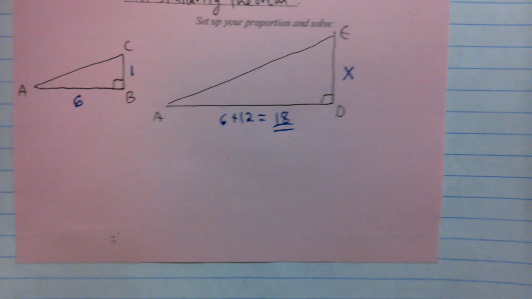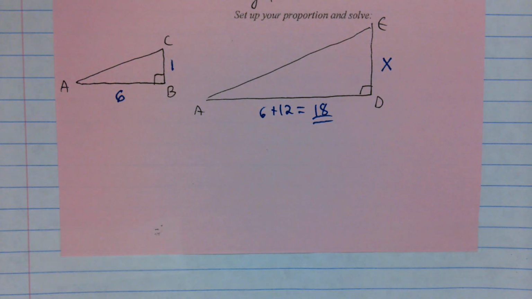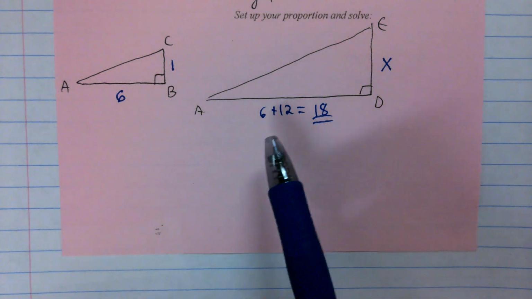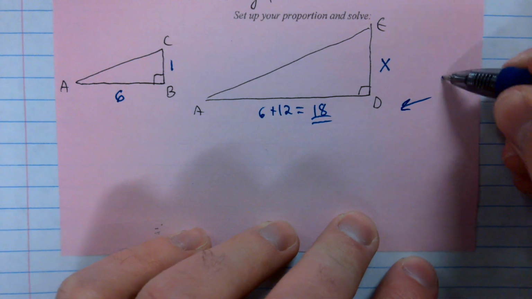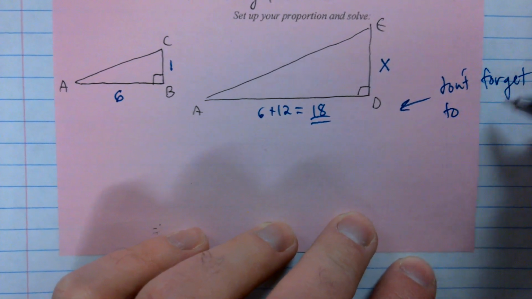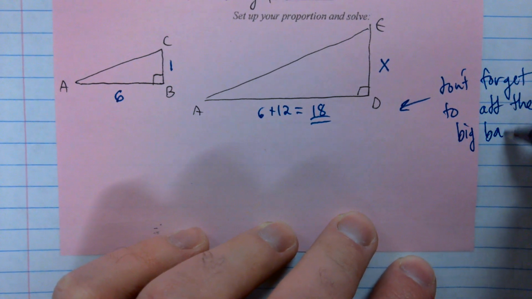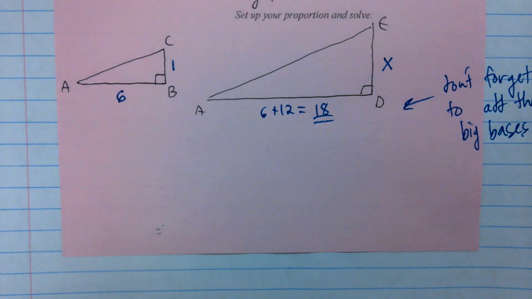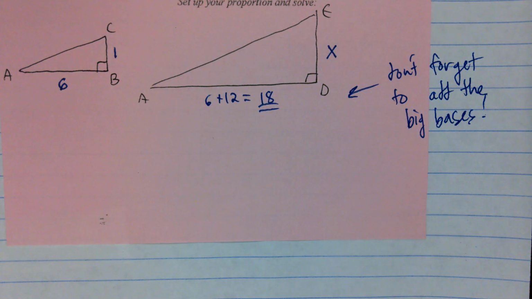So this is the tricky part. When we're doing this work today, we've got to make sure we're adding our big base together. So off to the side, let's write, don't forget to add the big bases. Because if we don't put the right number in our proportion, obviously we're not going to get the right answer out.